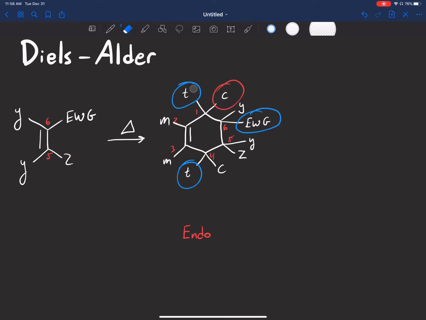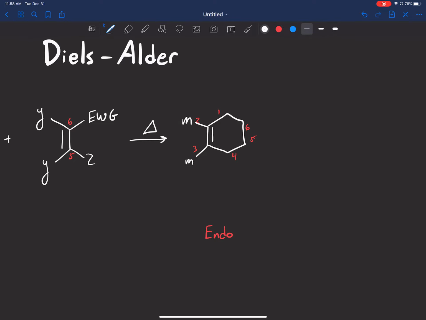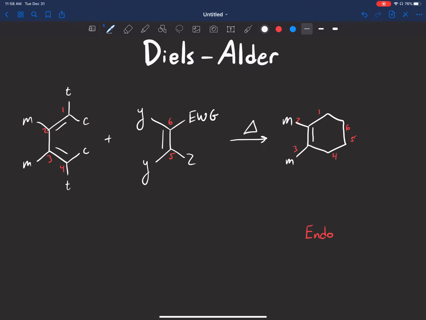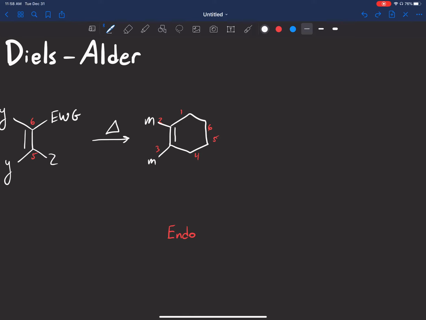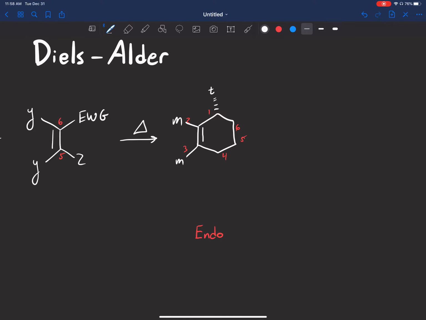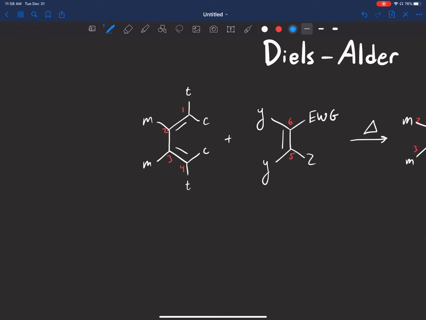Okay, so I'm going to show you guys what I mean by that. So I'm going to erase everything here. I'm going to arbitrarily pick to make the trans group right here dashed. It could have just as easily been wedged. And remember, we still have to keep our stereochemistry rules of how the diene and dienophile work.